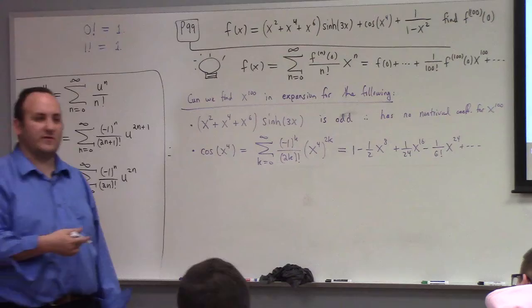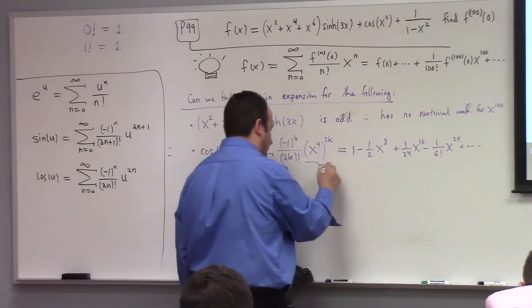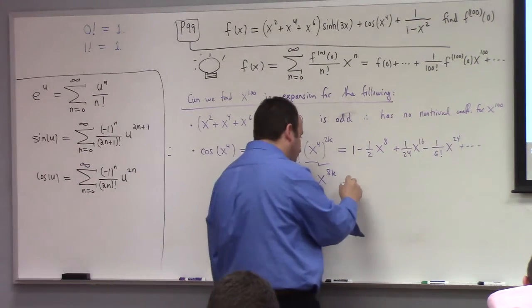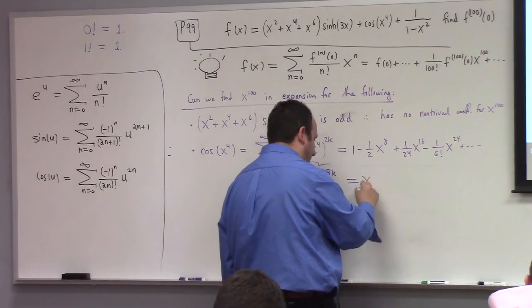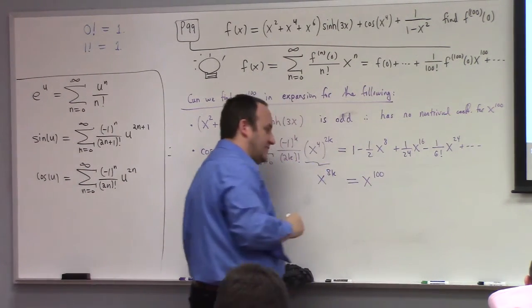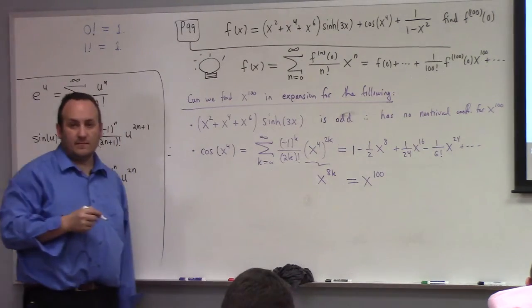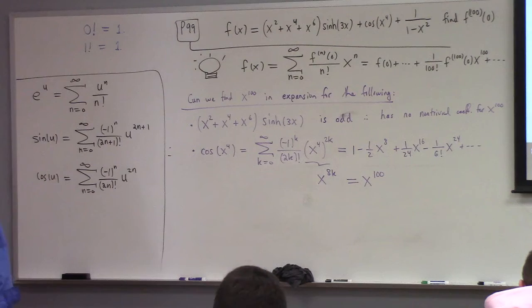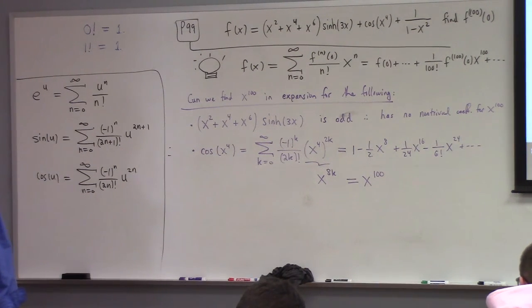Let me state it a different way. This works out to x to the 8k. Can you get that equal to x to the 100 for some choice of k? Well, you can, it's just that k is not an integer. You'd need k equals 12.5, which is not allowed.